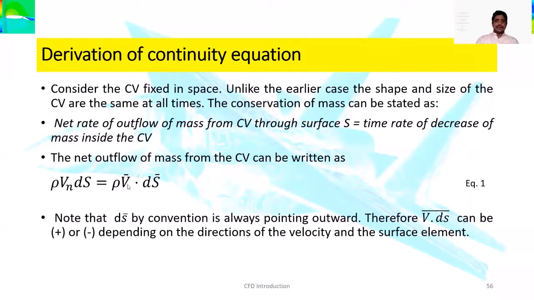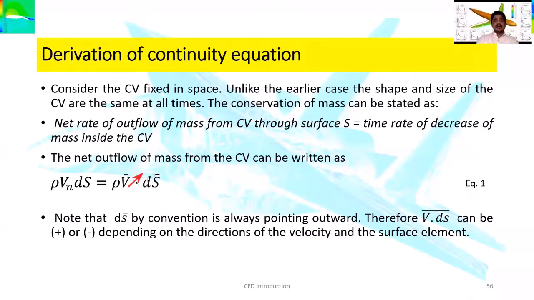But here, if you notice, what we have to understand is that whatever equation we have on the right hand side, this V can have a positive or negative direction depending upon the flow inlet and the outlet.